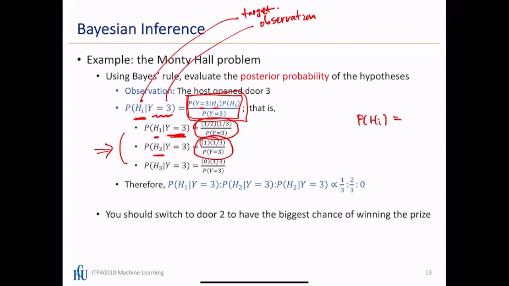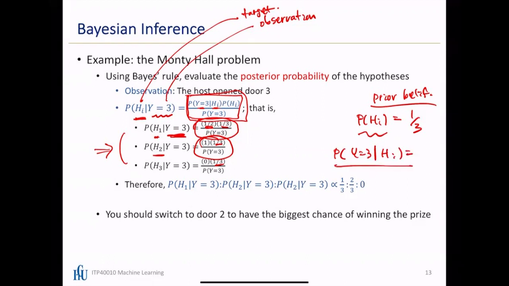The prior is basically uniform. The prize can be anywhere out of those 3 doors, so it's always 1/3. The only difference is the likelihood from the observation: the probability of the game host opening door number 3, which is what happened.